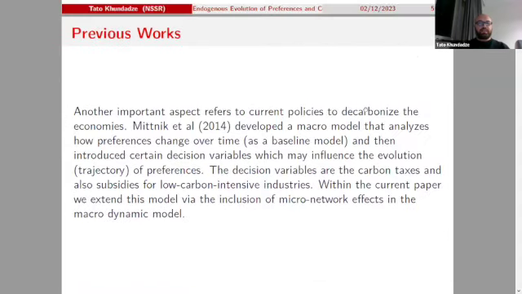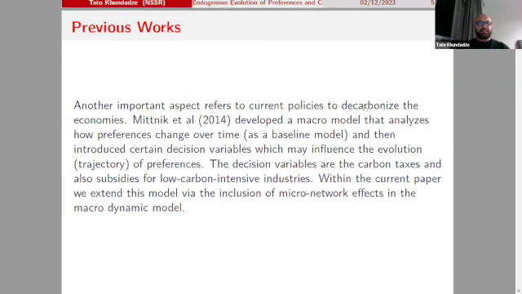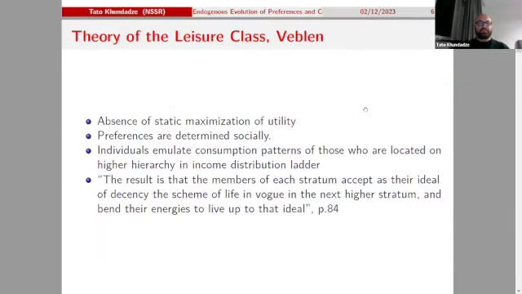I will skip some slides, and I will specifically concentrate on the idea and the difference, just to remind you what theory stands behind the alternative to mainstream consumption theory.